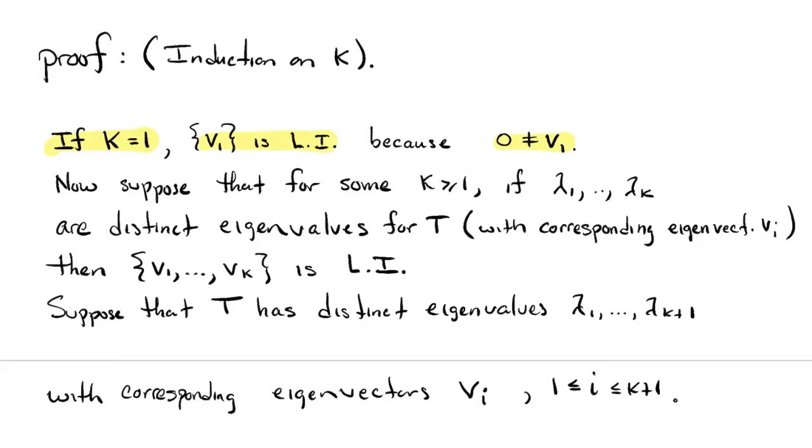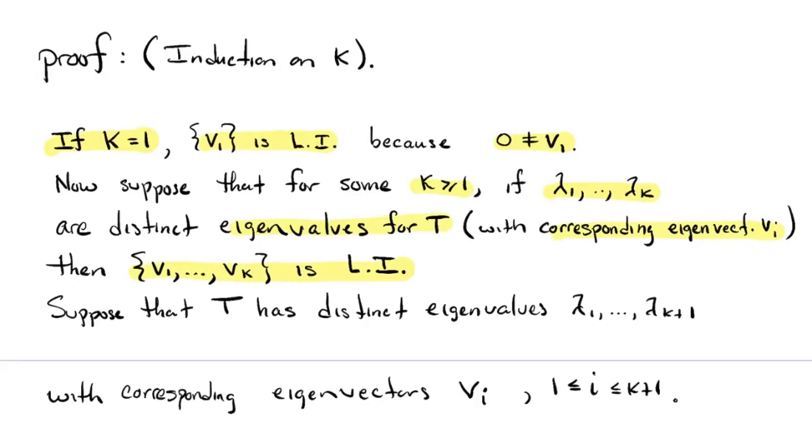Okay, so for the induction hypothesis, let's suppose that for some k at least 1, if this operator T has k distinct eigenvalues, let's call the corresponding eigenvectors v sub i, then that set will be linearly independent. That's our induction hypothesis. So it's true whenever you have k distinct eigenvalues.